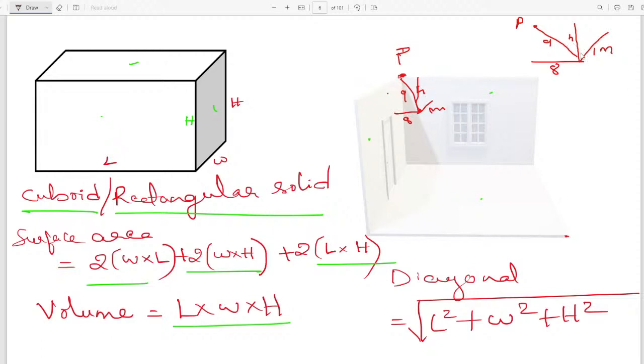This is like this. Okay, so what we do here is this is like a body diagonal. If this is 1 meter and this is 8 meters, and this is the roof.